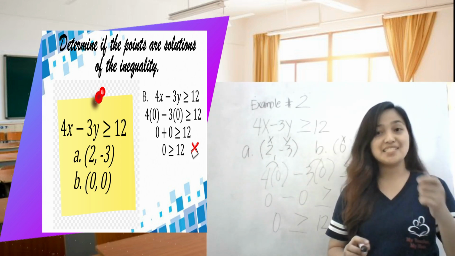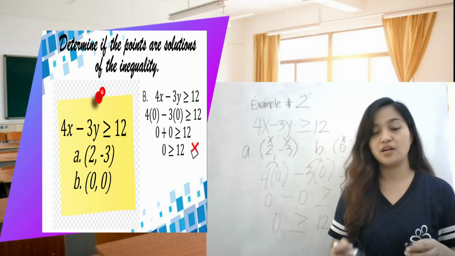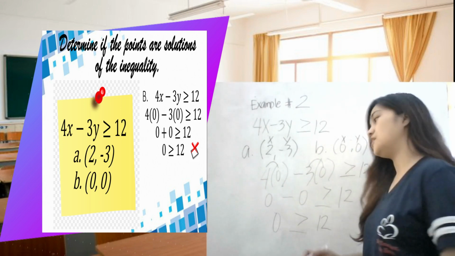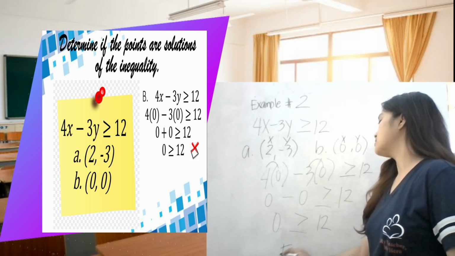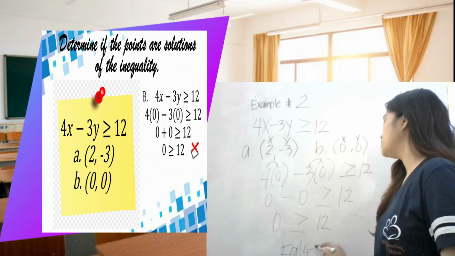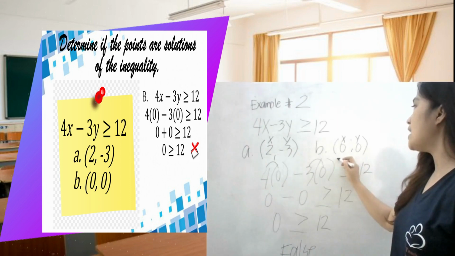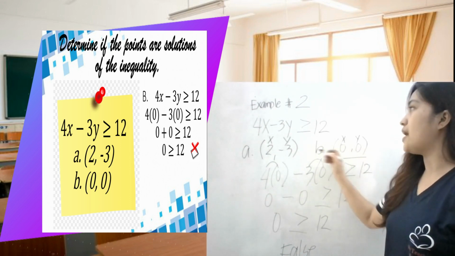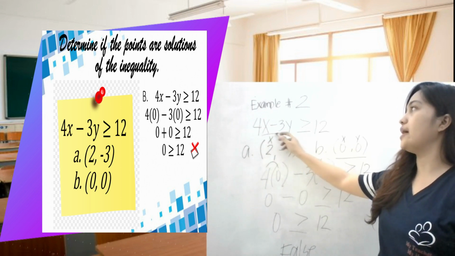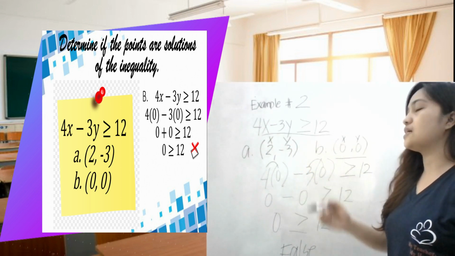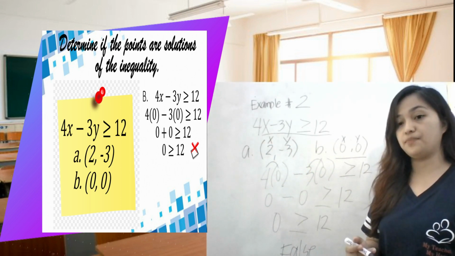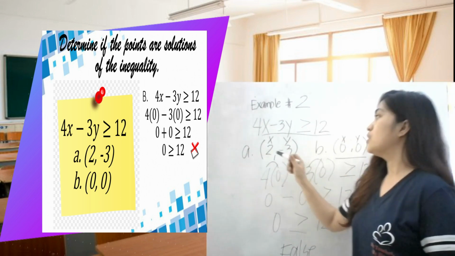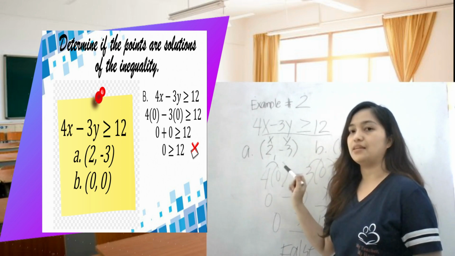Is it true na ang 0 daw ay mas malaki or equal kay 12? Obviously, the answer is false or not true. That means, ang (0, 0) natin does not satisfy the inequality 4x minus 3y is greater than or equal to 12. So, ang solution lamang sa inequality na ito ay (2, -3).